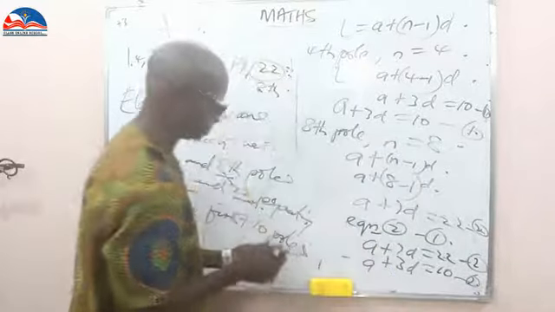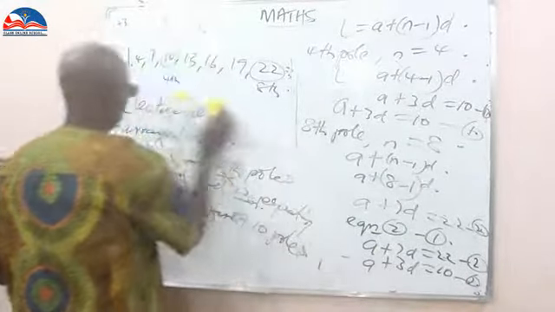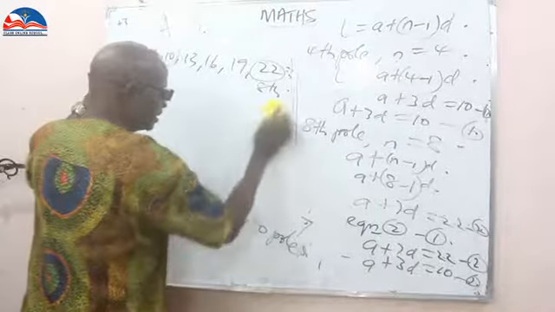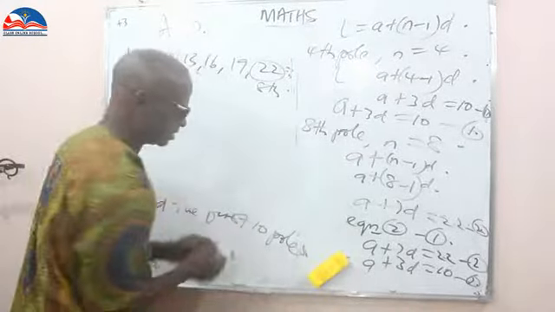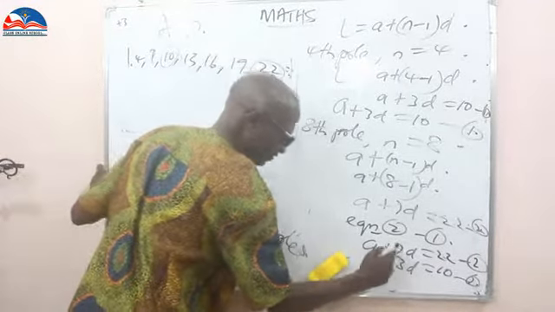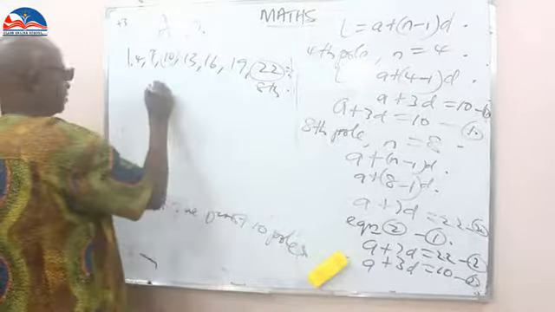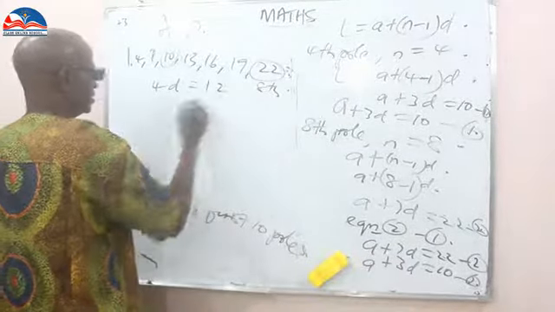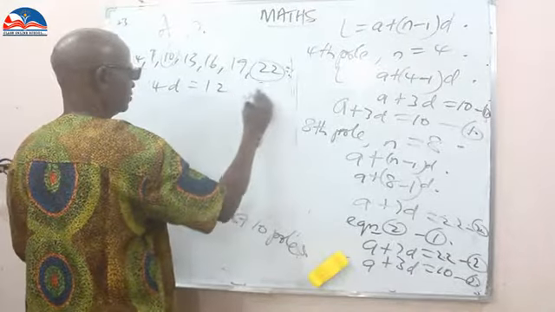I'll leave the numbers so that we come back to where we started from. If we got it right, we're going to get it right. Now, subtract. This A goes away. 7D minus 3D is 4D. 4D equals 22 minus 10, which is 12. Now divide both sides by 4.